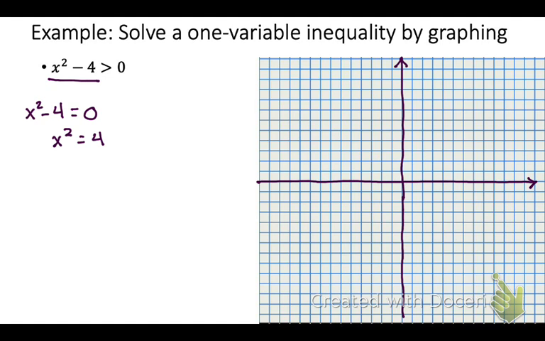Let's take the square root of it. So x equals what, 2 things? 2 and negative 2. So at 2, I need a different color.